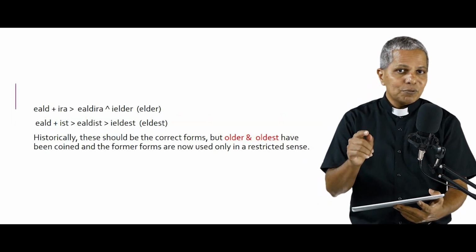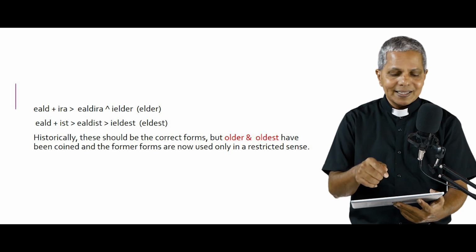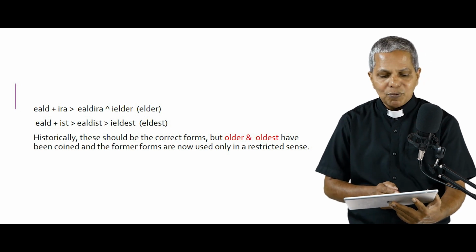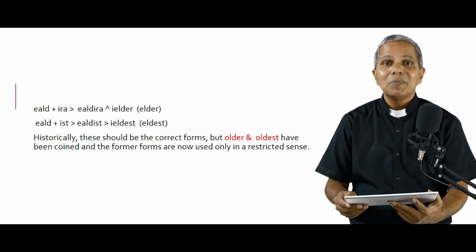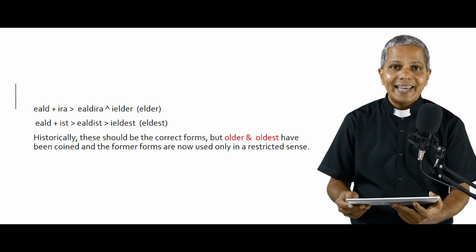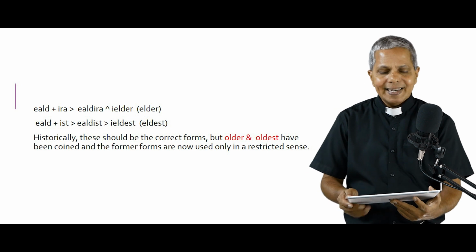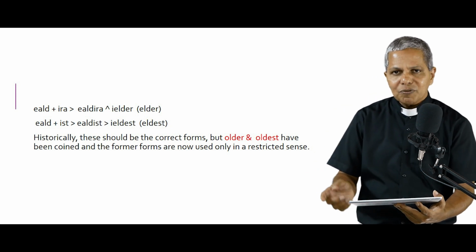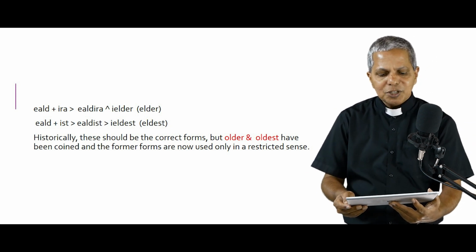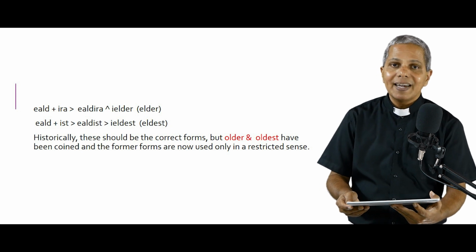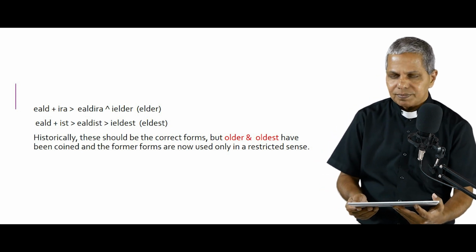In that word, the I influences the preceding vowel, and ea became ie. So we have ealdira, from where we have elder. Similarly, ealdest, because of I mutation, became eldest.